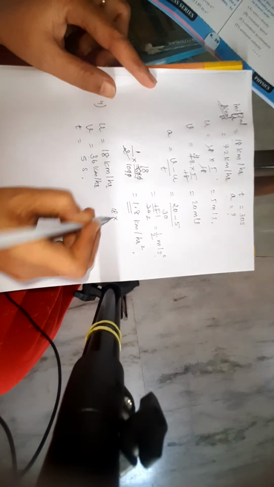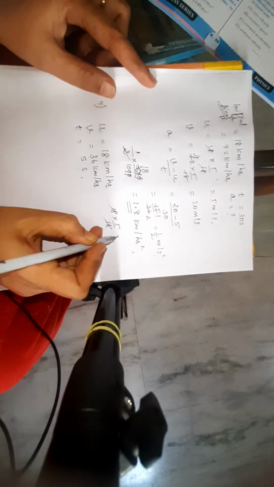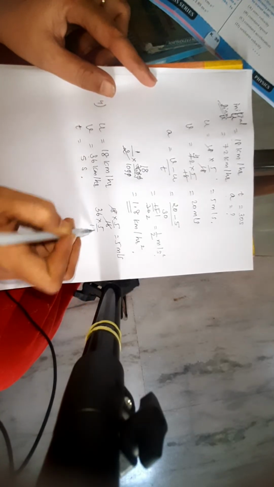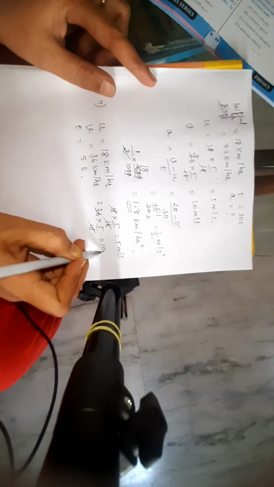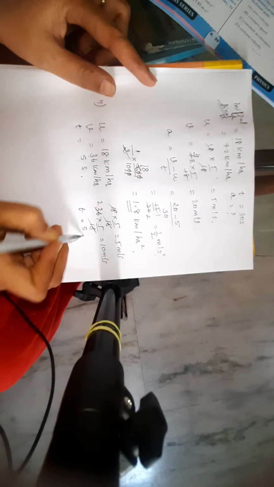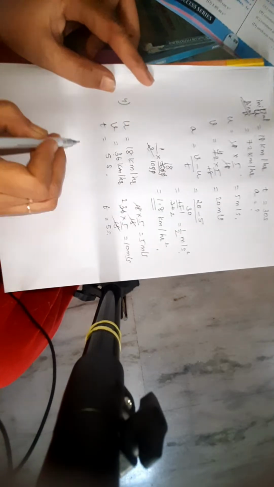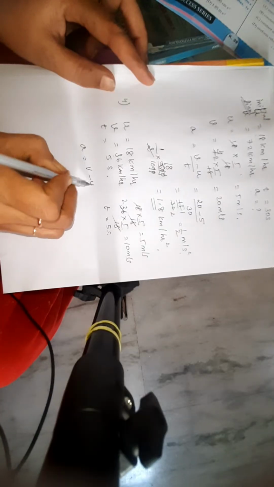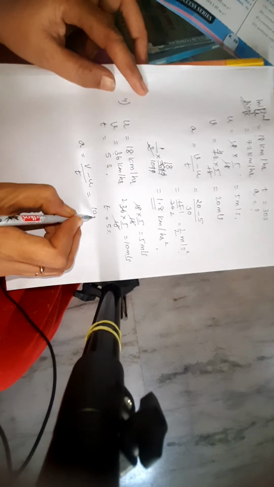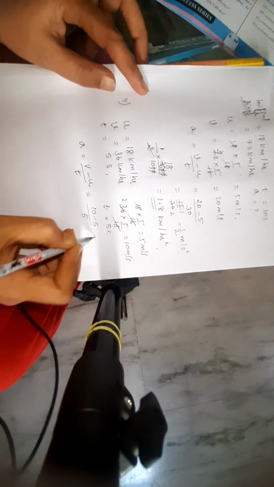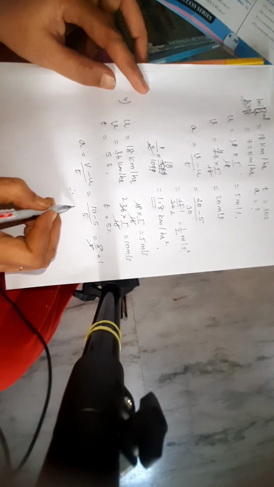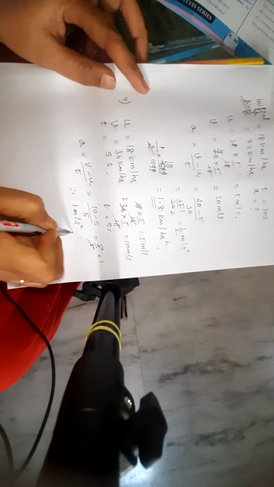So 18 multiplied by 5 upon 18, thus it is 5 meter per second. Second is 36 multiplied by 5 upon 18, 10 meter per second. And the time interval is given as 5 seconds. Now we need to apply the formula. a is v minus u upon t. So here v is 10, minus 5, upon 5. Thus 5 by 5 is 1. So acceleration is 1 meter per second square.